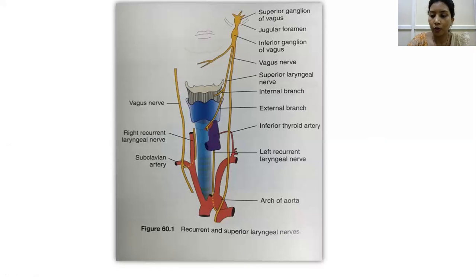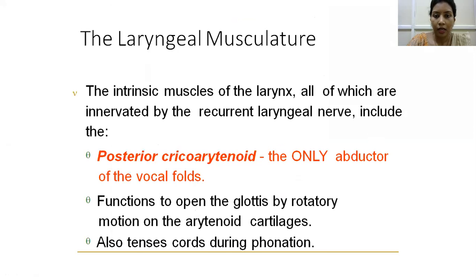So furthermore, going ahead in the class, you need to know the course of the nerve to localize the area of pathology. Again, we have also discussed the laryngeal musculature, intrinsic laryngeal musculature. So the only abductor, meaning the muscle which is responsible for the cords to move laterally away from each other, is your posterior cricoarytenoid.